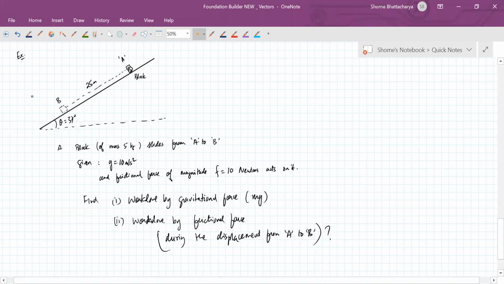So in the problem here, this is what is called a rough inclined plane, at theta equal to 37 degrees with respect to the horizontal. So just work this out, people.